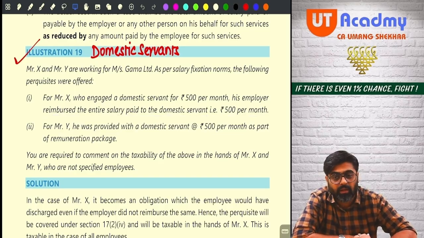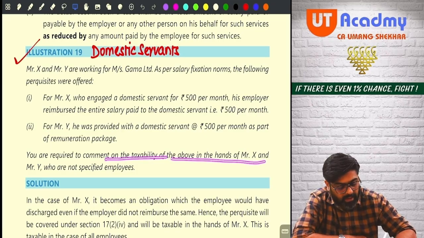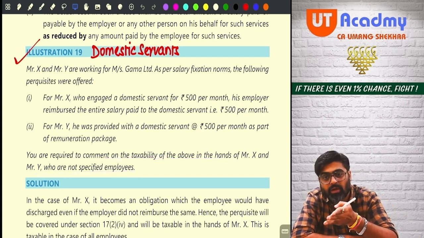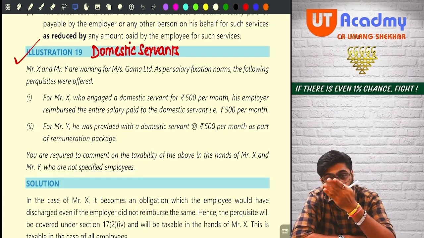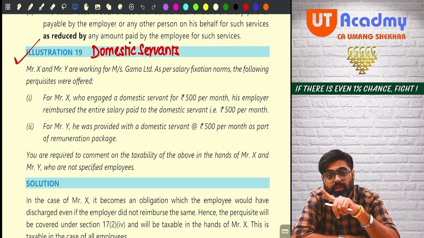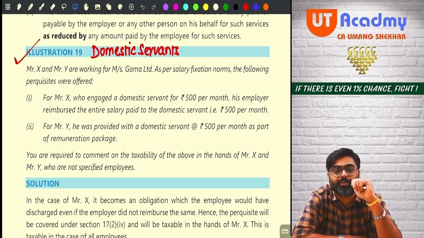Now they are saying that you are required to comment on the taxability of the above in the hands of Mr. X and Y who are not specified. Even if Mr. X is not a specified employee, this perquisite will be taxable for him. Why? Because this is not a clause 3 perquisite, this is a clause 4 perquisite.